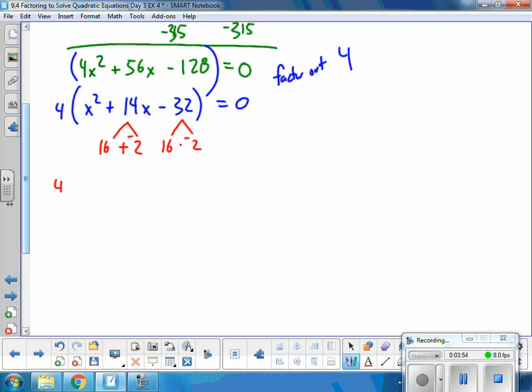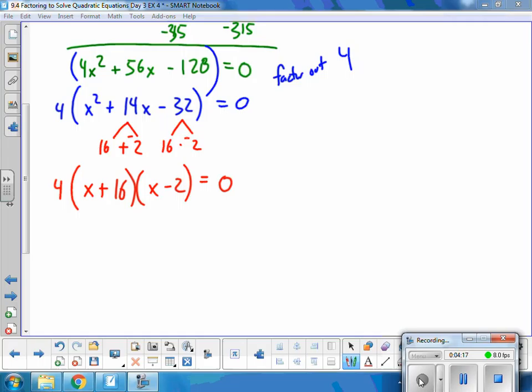So this brings me down to 4 times, and I can see that I've got my 2 pieces here. It's going to be x plus 16 and x minus 2, and this equals 0. So this leaves me with my 2 answers here: x plus 16 equals 0, or x minus 2 equals 0.